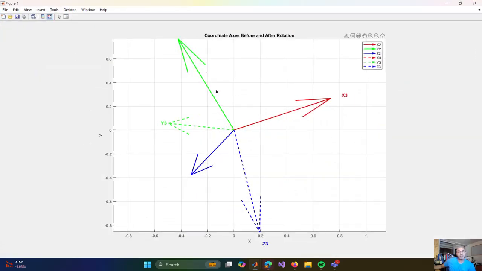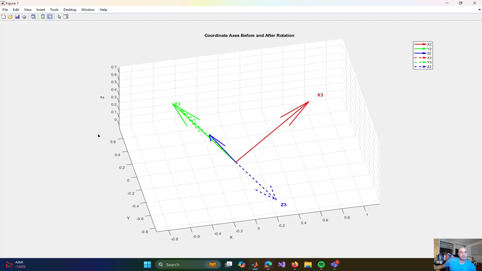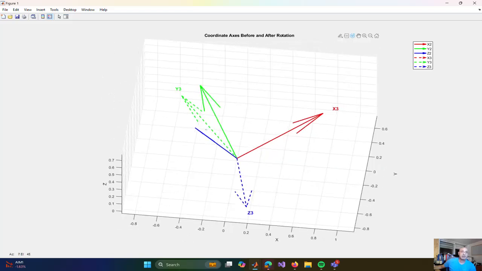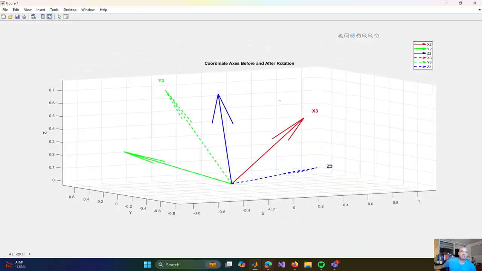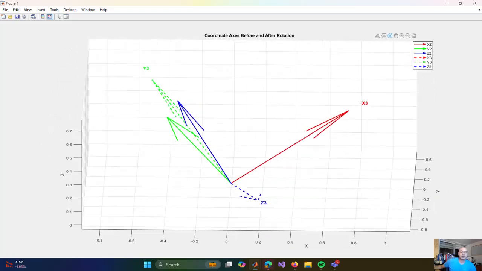So we have several axes. The original axis, well, we have the basics axis of the x, y, z, and we will get the values, the rotation matrix of the x, y, z that is required to rotate about the specified axis.